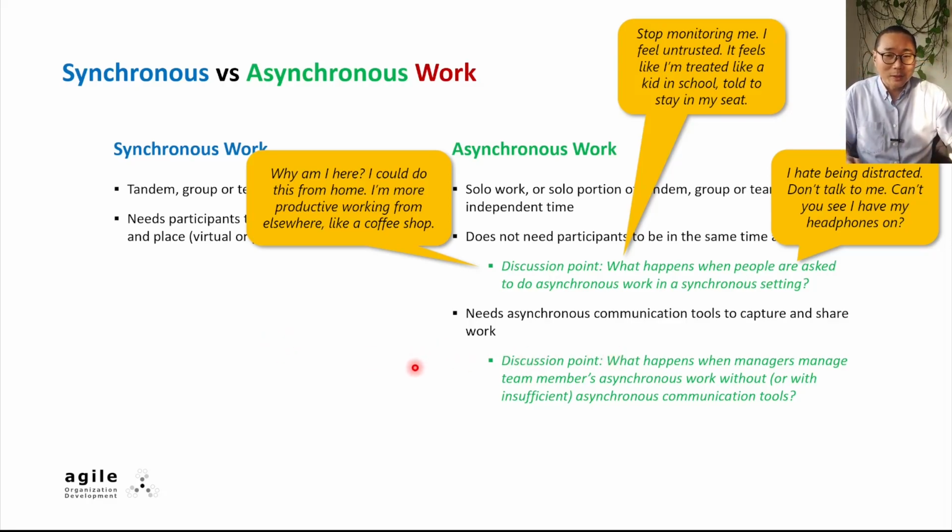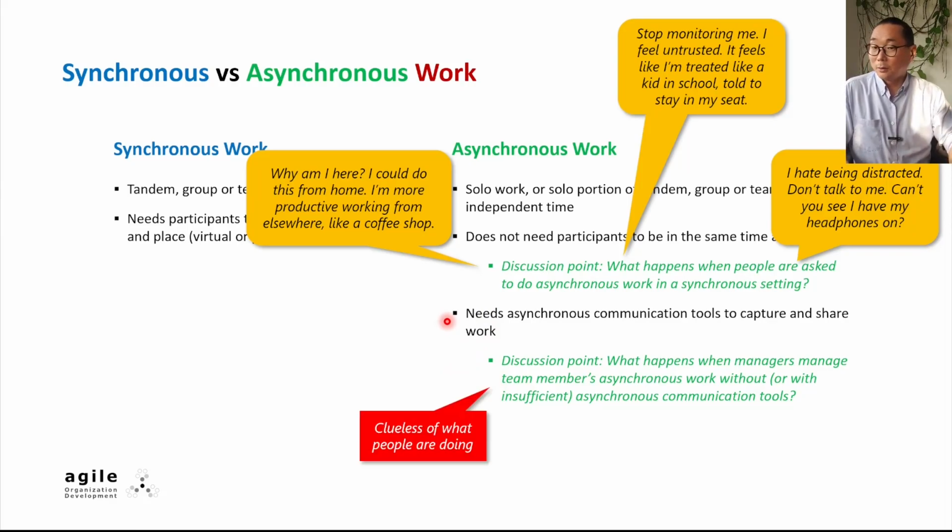Now, how's the situation for the manager? Do they like it? No, right? They resent monitoring people too. And especially, as I mentioned, that effective asynchronous communication requires tools to capture and share work. What happens when managers manage the team's asynchronous work without the right asynchronous tools?